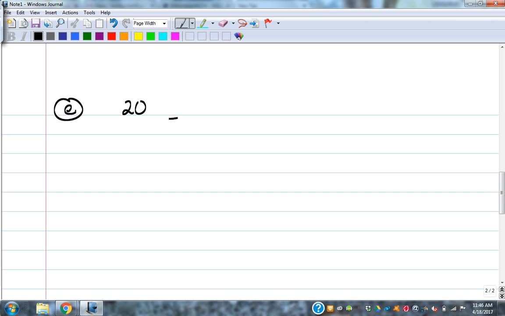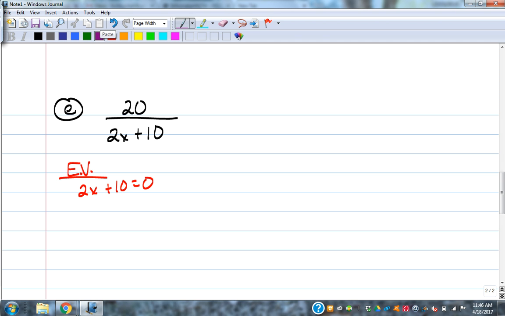20 over 2x plus 10. Same instructions. We're going to find our excluded values and then simplify if we can. Excluded value. How do I find that? Set the bottom part, the denominator, equal to 0. And solve it.